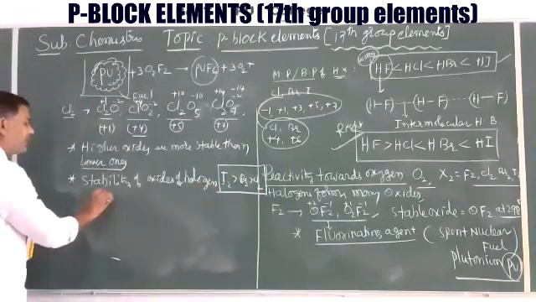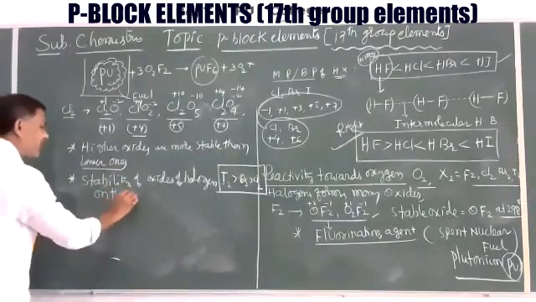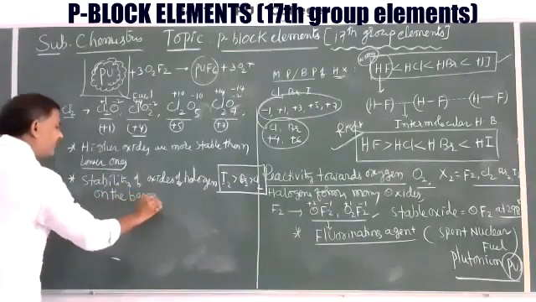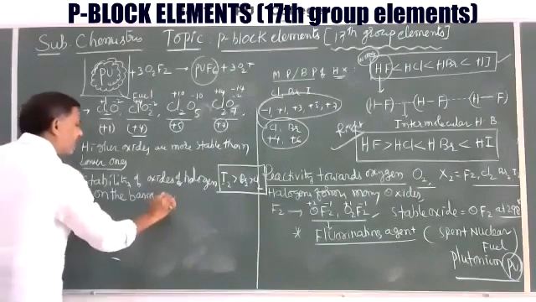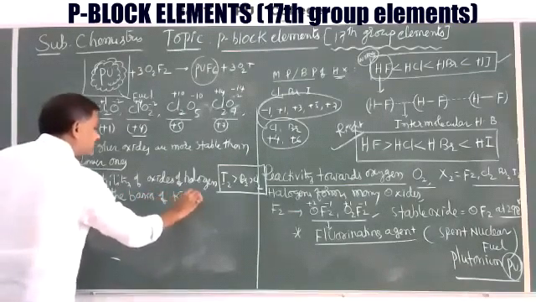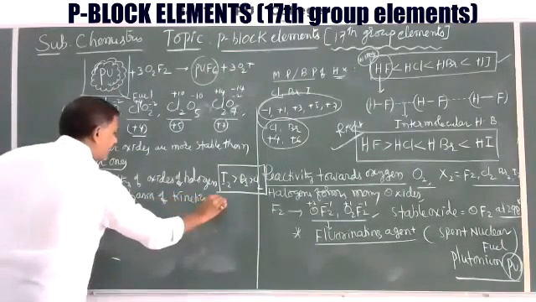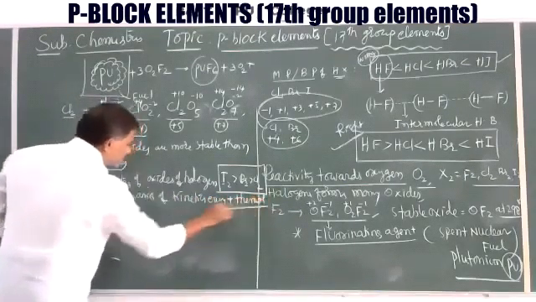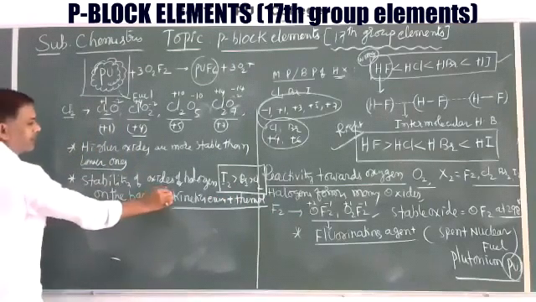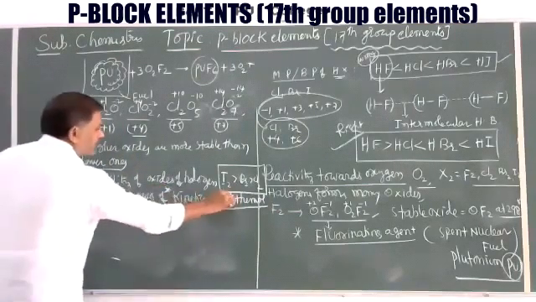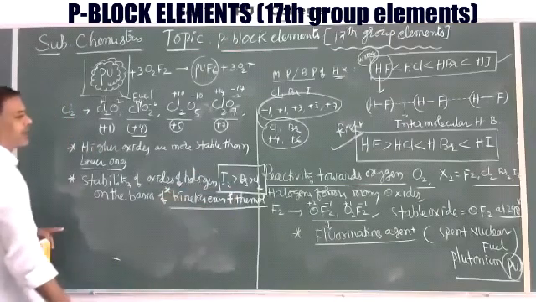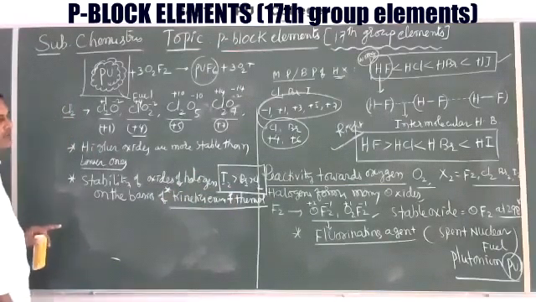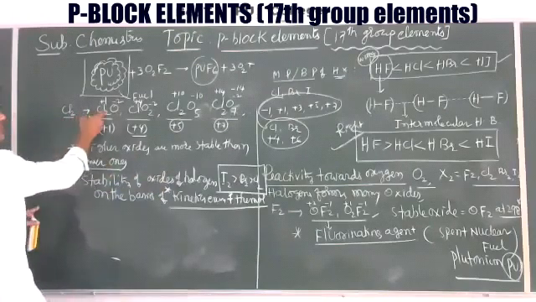This stability is explained on the basis of kinetic properties as well as thermodynamic properties. On the basis of kinetic and thermodynamic properties, the stability order is I2 greater than Br2 greater than Cl2. Anyhow, Cl2 shows like this.